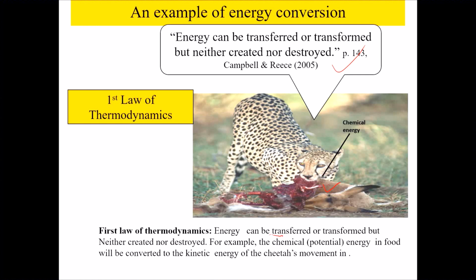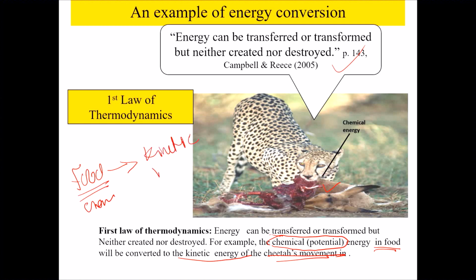The cheetah will convert this chemical energy into kinetic energy for movement, for running, for all these activities. Energy can be transformed, neither created nor destroyed. For example, the potential energy in the food will be converted into kinetic energy in movement. So this is simple. We take food, and the chemical energy here we transform into kinetic energy that we use for our movement or heart function.